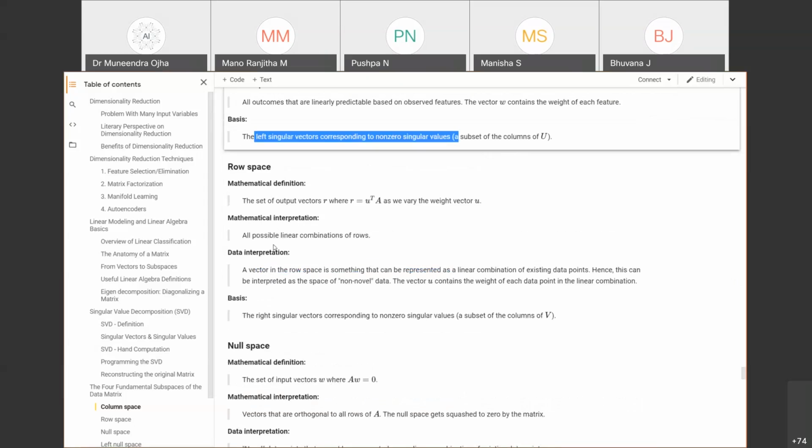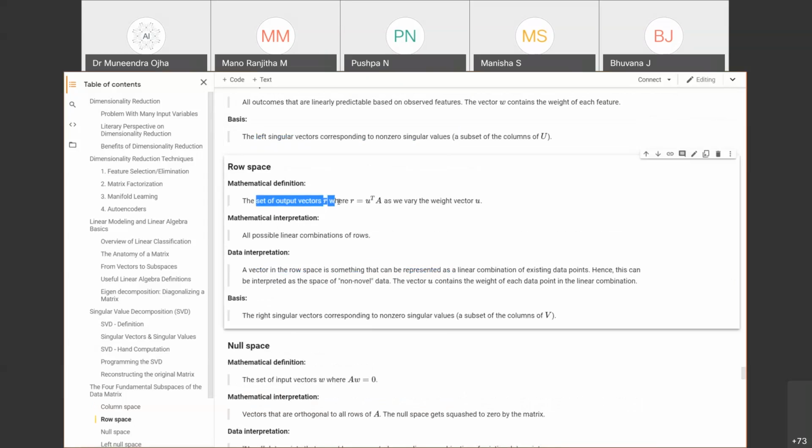What is the row space? The row space is the set of output vectors R, where R is equal to U transpose A, and it is all possible linear combinations of rows. In the data interpretation, a vector in the row space is something that can be represented as a linear combination of existing data points. So it can be interpreted as the space of non-novel data. The vector U contains the weight of each data point in the linear combination.